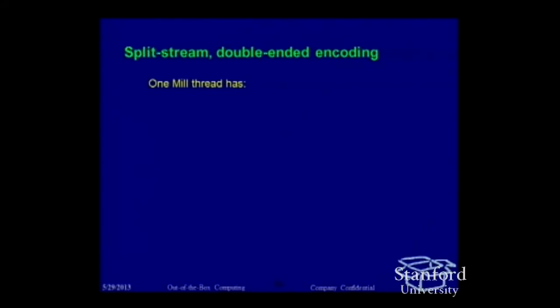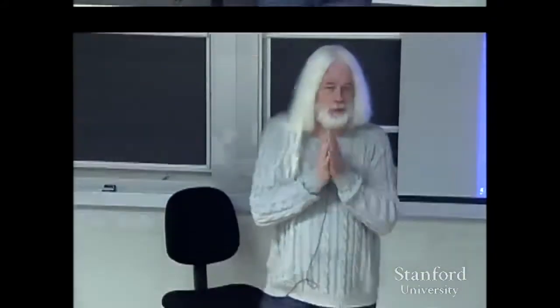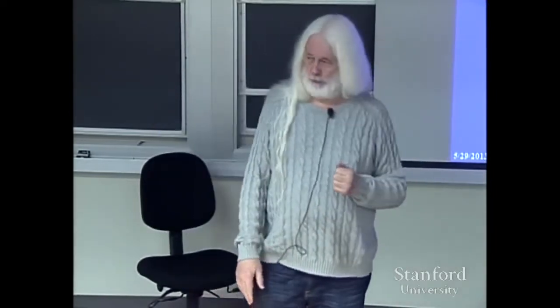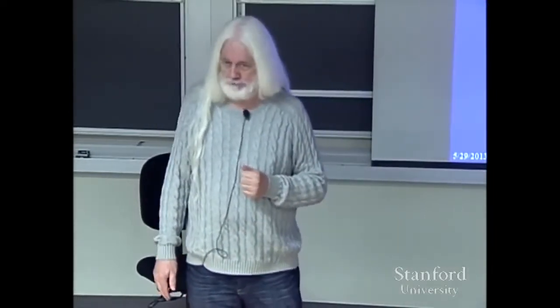So, in sum, the Mill uses a split-stream, double-ended decoding technique. Because there are 3 of those blocks on each side, there's a total of 6 blocks in each. And over 33, this means that each block has, on the average, 5 or 6 possible positions to hold an operation.